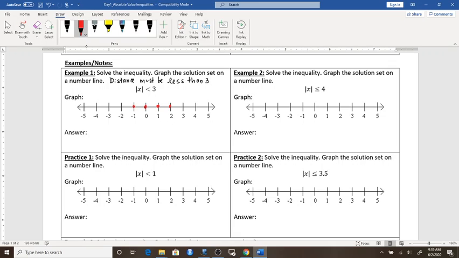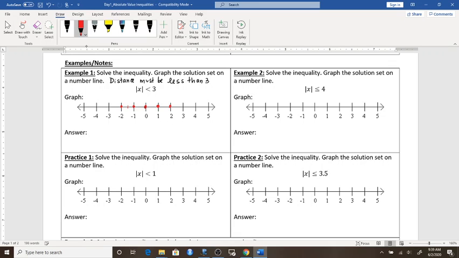So I'm looking at all those numbers whose distance from 0 is less than 3. How about negative 2? Is this a solution? Yes, because negative 2 is 2 units away from 0, so the distance is 2. How about something like negative 1.5?